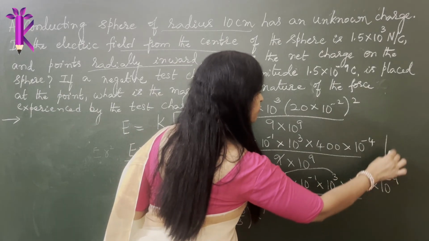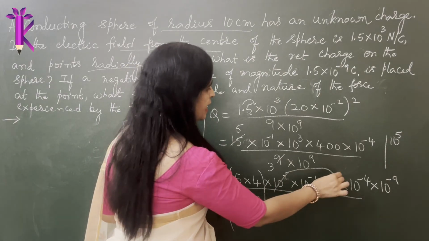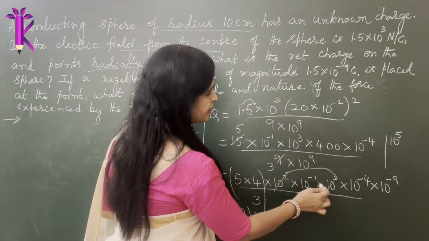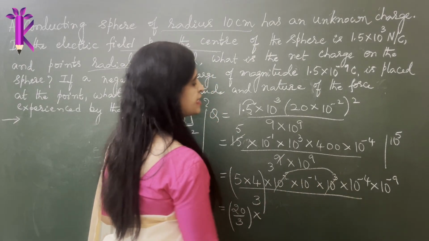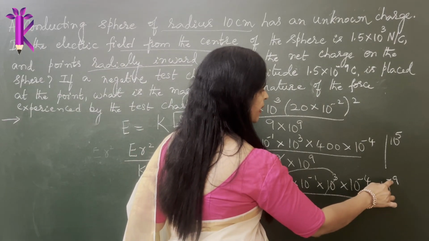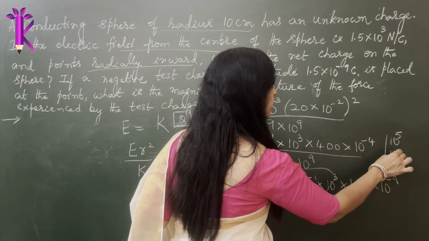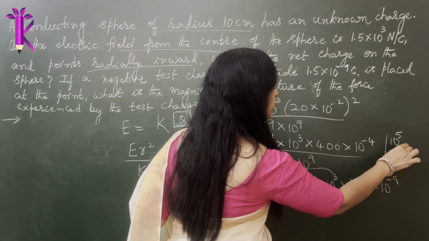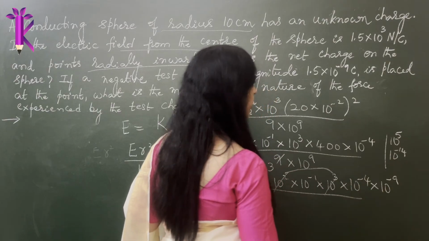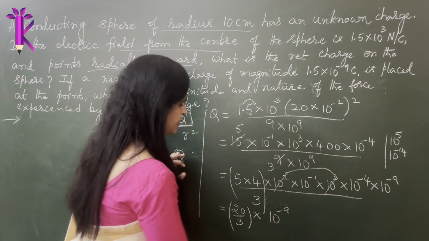Let's write it somewhere. 10 to the power of plus 5. So this is done. Now 10 power minus 1, 10 power minus 4 is 10 power minus 5. 10 power minus 5 and 10 power minus 9 is minus 14. So minus 14 plus 5 would be 10 to the power of minus 9.